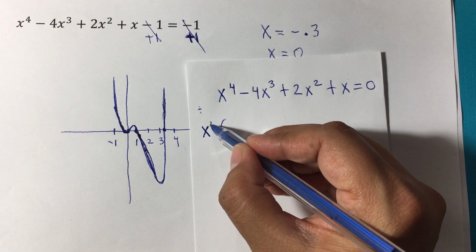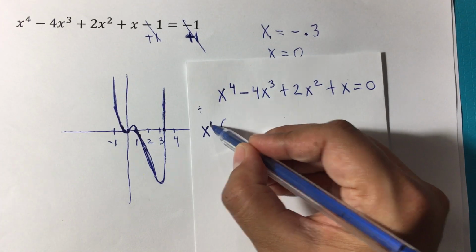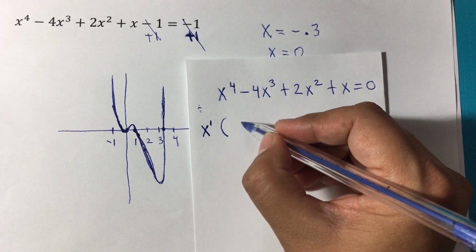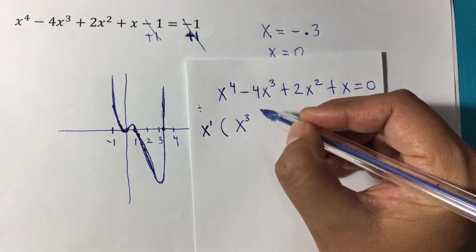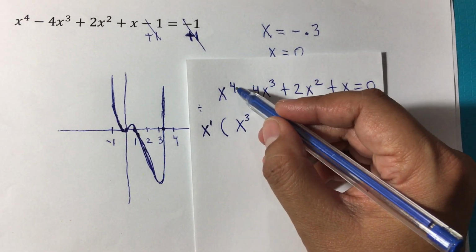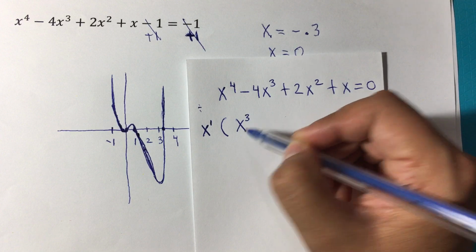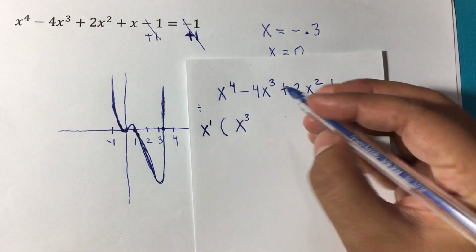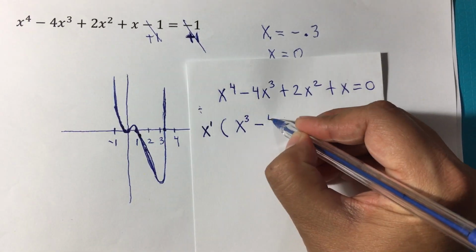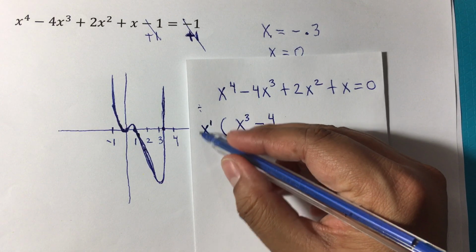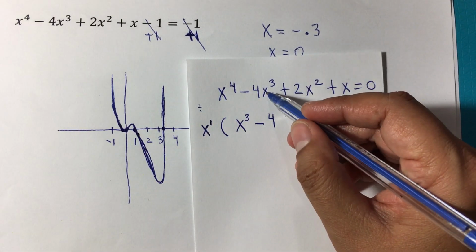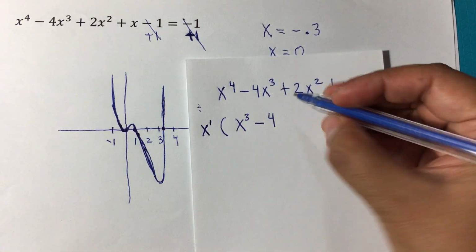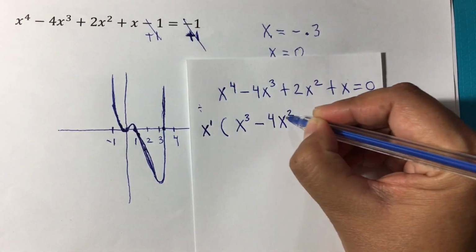And when there is nothing written, there is an invisible 1 as the exponent. So keep the same base, subtract exponents: 4 minus 1 is 3. Or you just say x to the 4th divided by x is x cubed. The negative divided by positive is negative 4, because we have a coefficient of 1, and 4 divided by 1 is 4. Then x cubed divided by x to the first power is x squared.